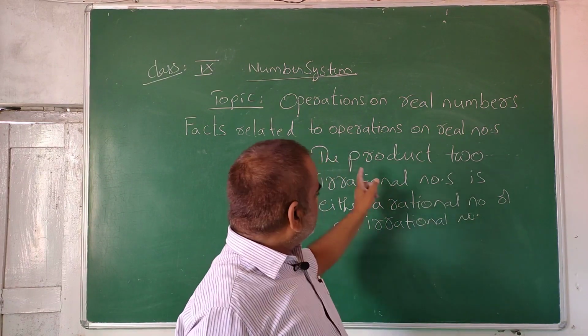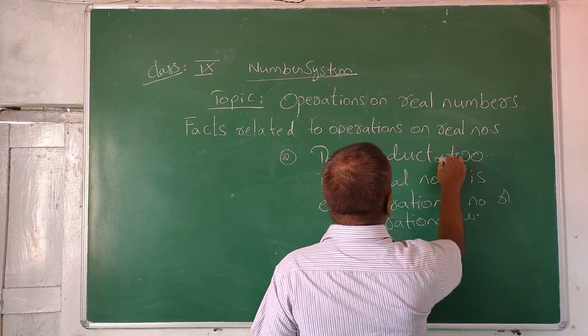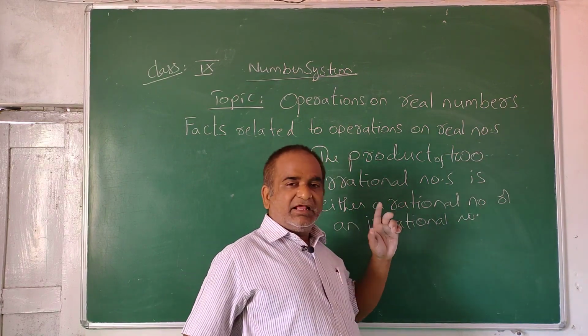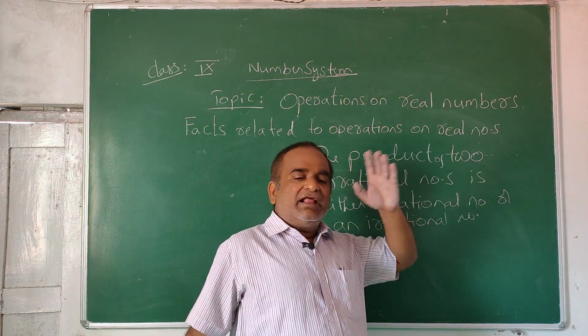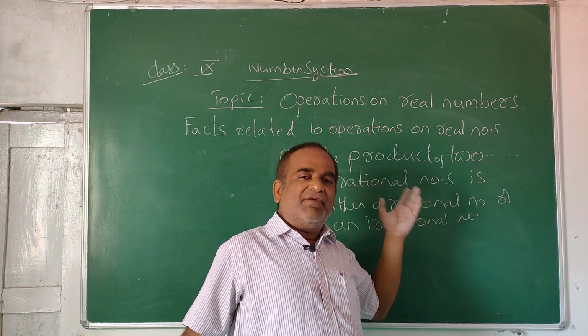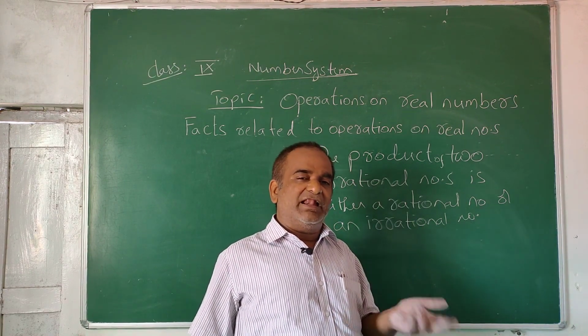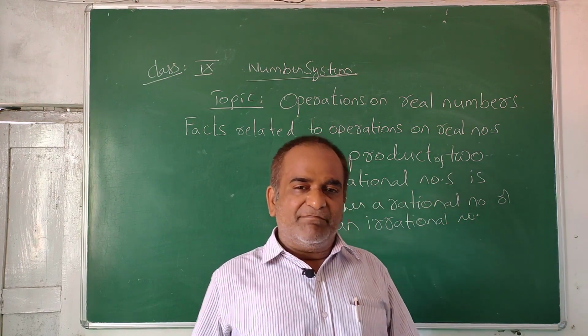See, the product of two irrational numbers need not be irrational. The product of two irrational numbers may be a rational number or an irrational number. You cannot say it is always an irrational number.